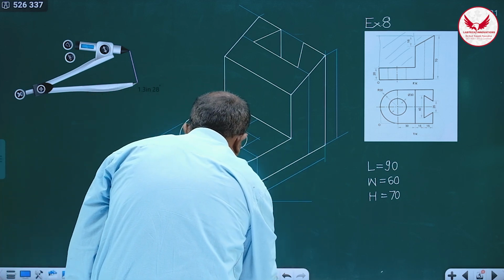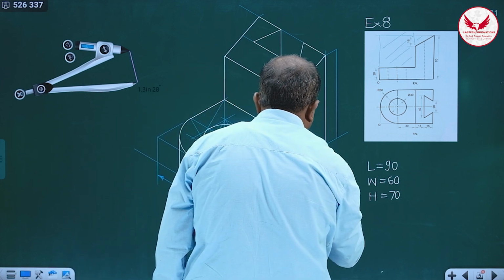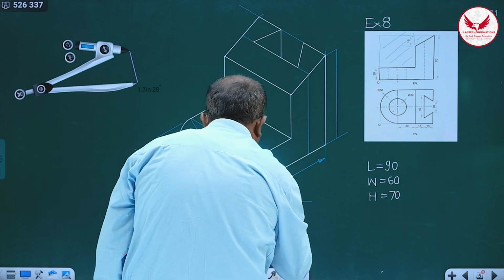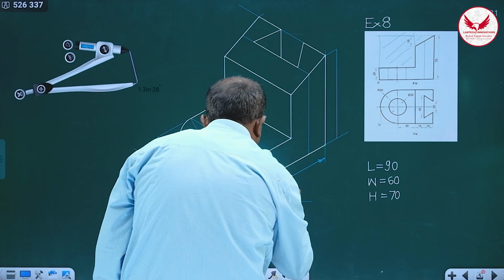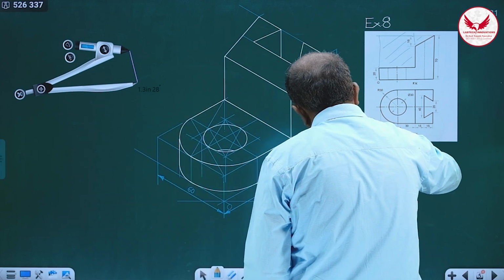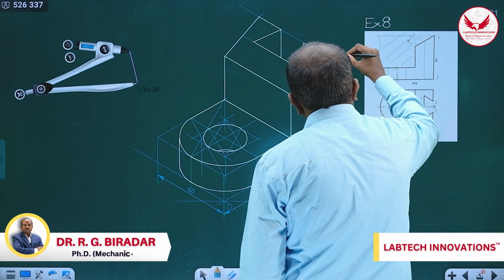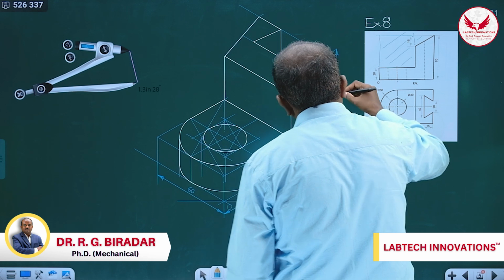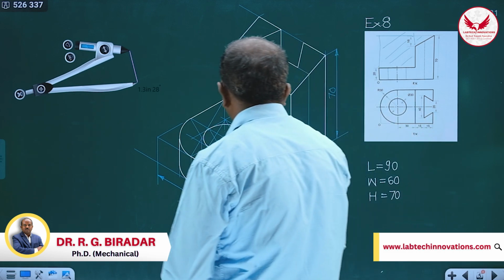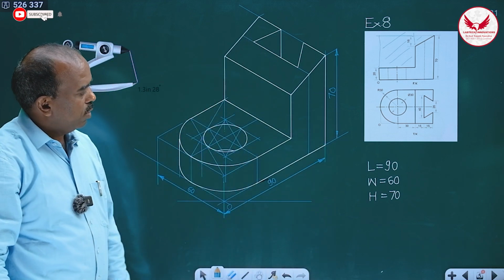Then draw the filled arrows. This dimension line should be very light, and centrally it is 90. For the vertical dimension line, we always have to write the dimension towards the left. It is 70. These are the three dimensions for this object.